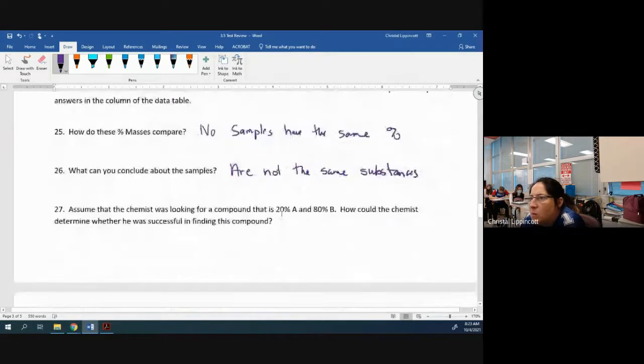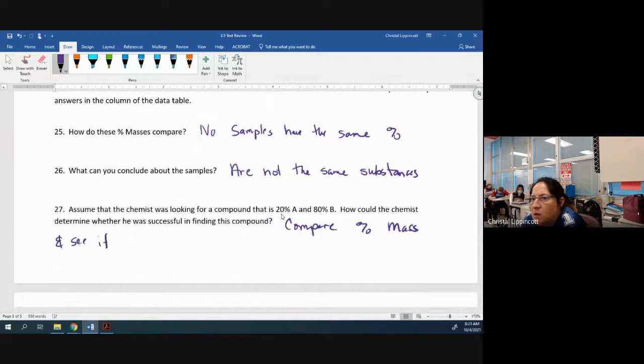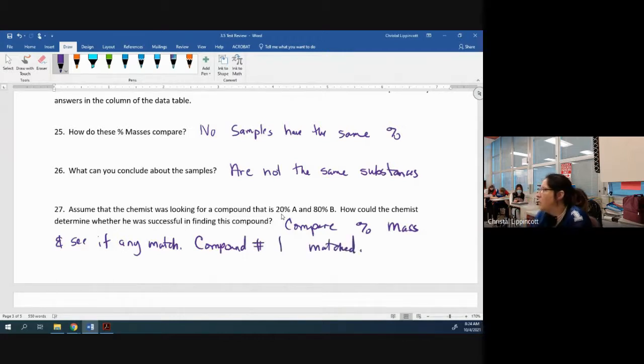So compare percent mass and see if any match. Compound 1 matched. Questions?